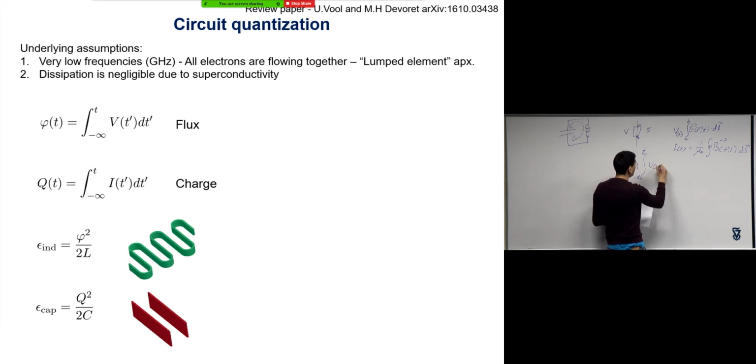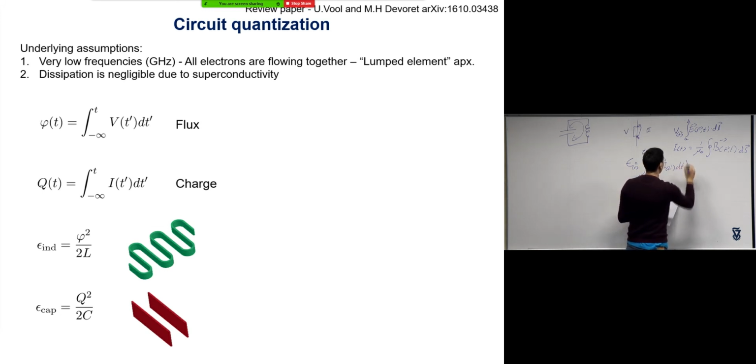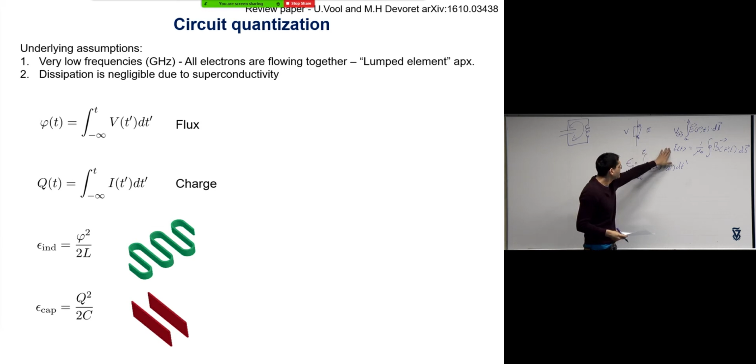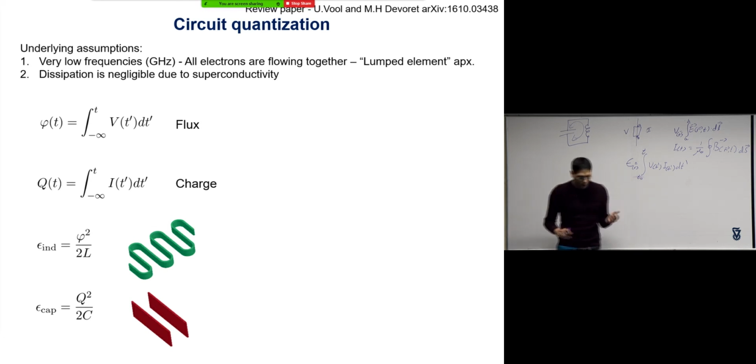Then you have V of t prime, I of t prime, dt prime. And with these definitions of V and I and the energy, you can understand what I wrote here on the presentation, where phi, the flux degree of freedom, is basically the integral over time of V of t, and the charge, the dynamical variable called charge, is basically the integral of the current over time.